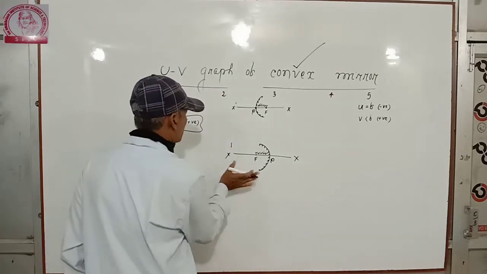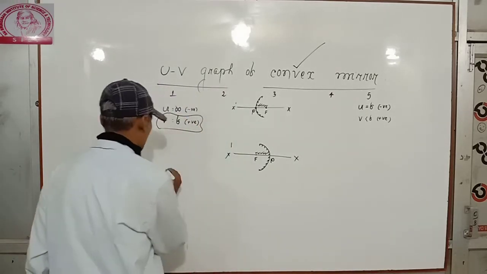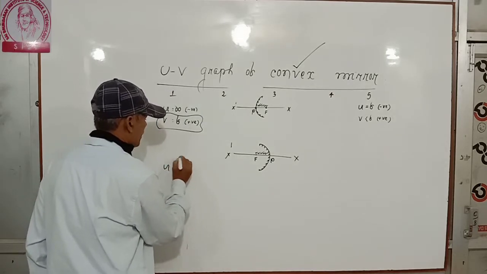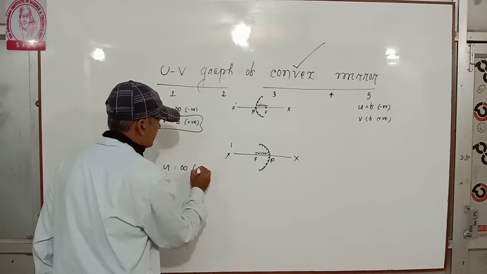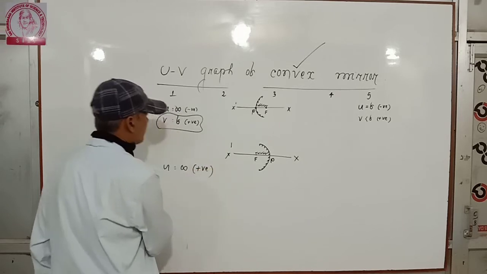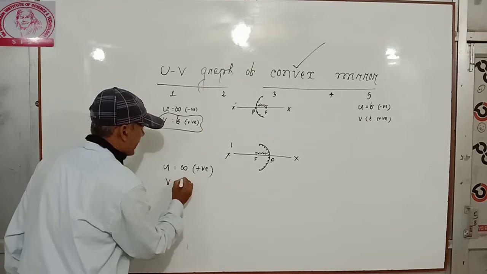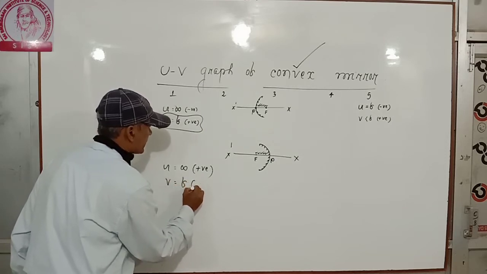So now for this case, U is equal to infinity, but it is positive. V is equal to F. It is negative.